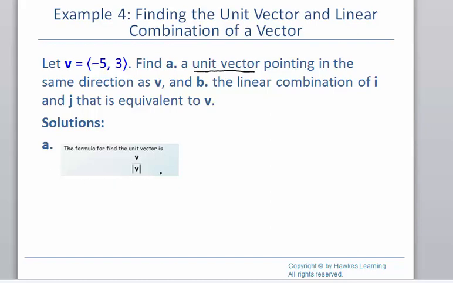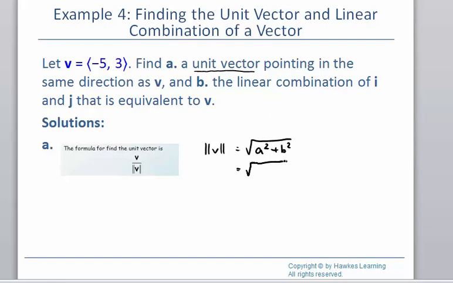I have a formula listed here that will help us to find that unit vector in that corresponding direction. Our formula says to find the unit vector, we take our vector V and divide by the magnitude. So the first thing I need to do is calculate the magnitude for vector V. Remember that that can be found by taking the square root of your horizontal component squared plus your vertical component squared.